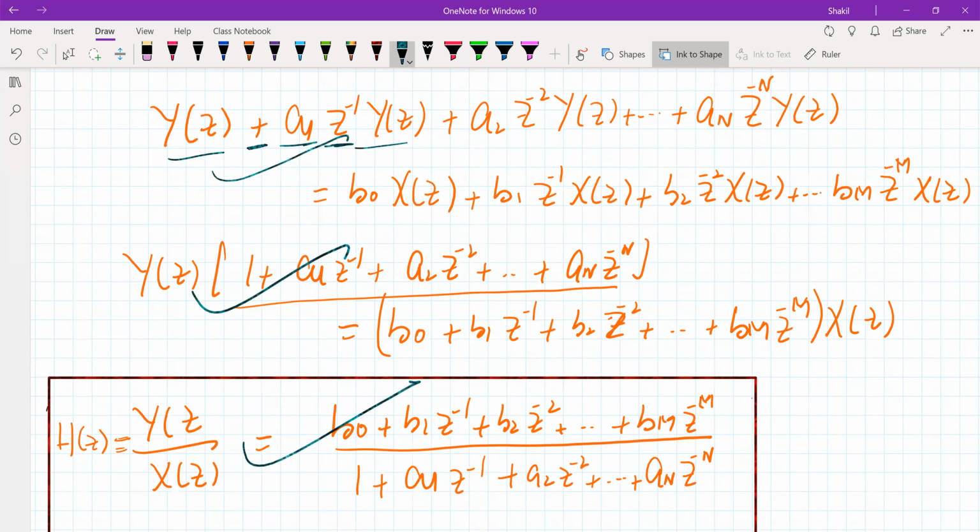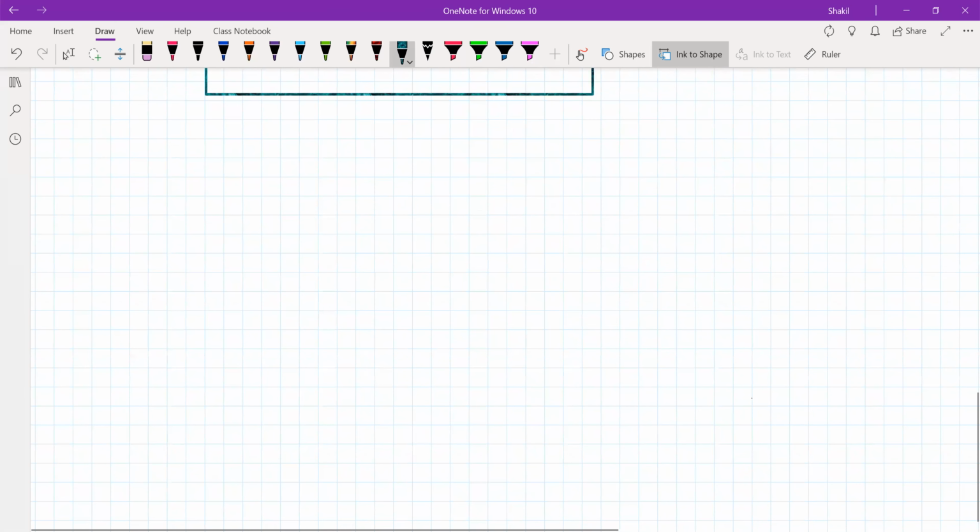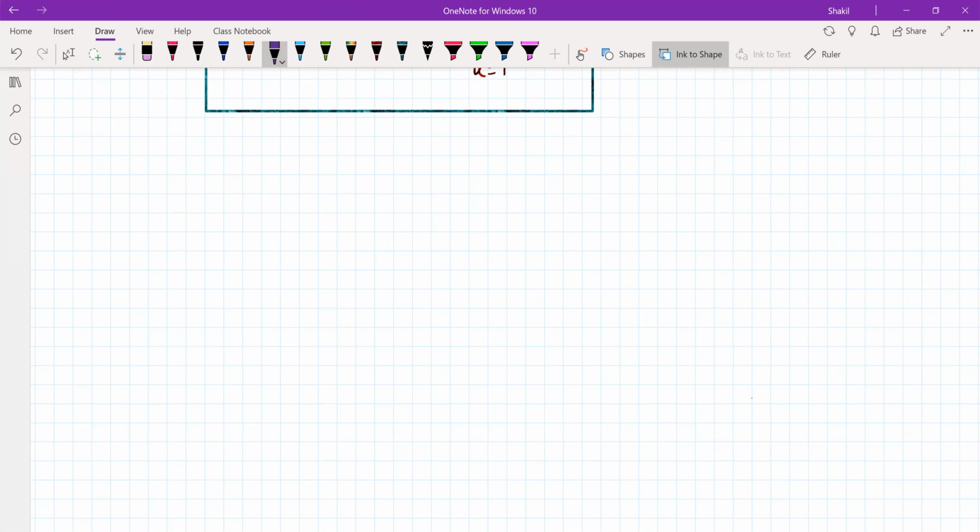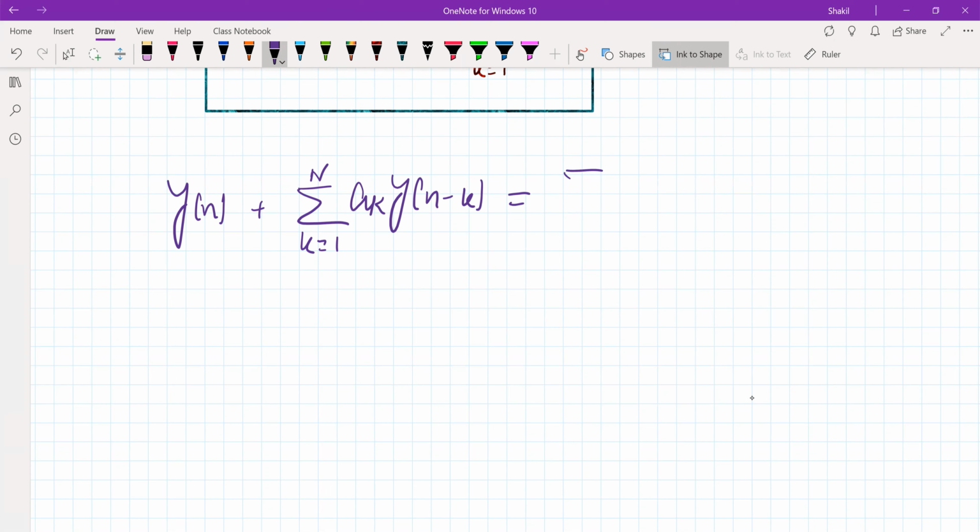Right? So what are the different components required to realize this difference equation? The general difference equation, let me rewrite it here: a1 y of n minus ... is equal to summation k running from 1 to m of bk x of n minus k.